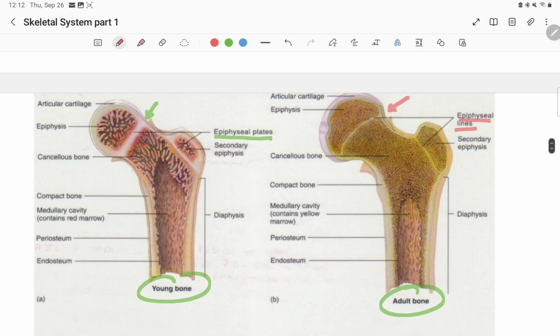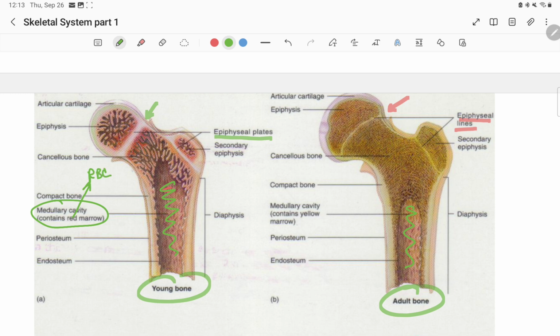Okay, the inside of bone is called the medullary cavity, and that's where the bone marrow is. Okay, and here is the medullary cavity in the adult bone. Now, in the young bone, the medullary cavity is going to be filled with mostly red marrow, and the red marrow is what produces your red blood cells.